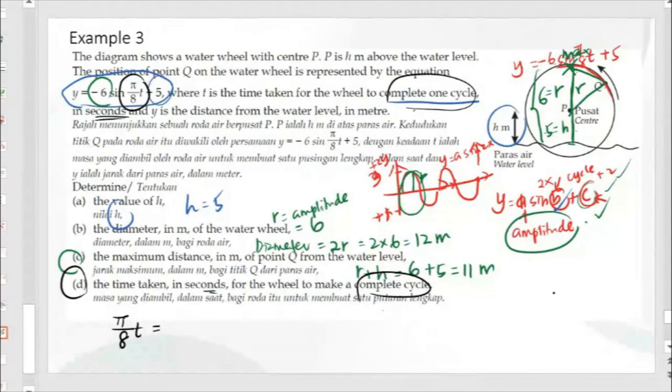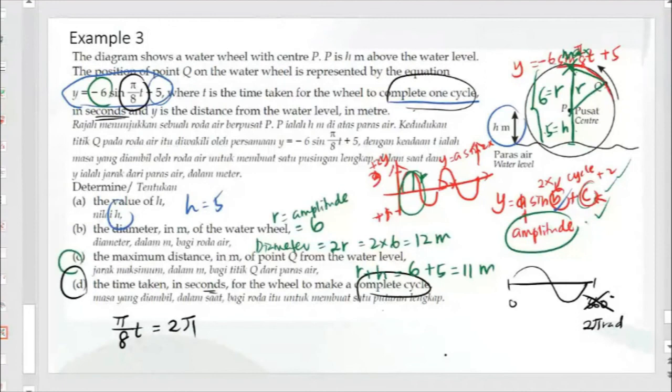One cycle, how many degrees is there? It's complete. One cycle is 0 to 360 degrees, right? But here, do we use 360 or do we use radians? You see this? It has pi, so we have to change it. We don't use the angle anymore. We have to use the pi radian. 2 pi radians. So pi over x times t equal to 2 pi.